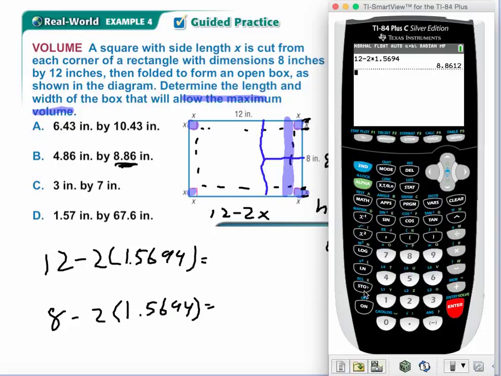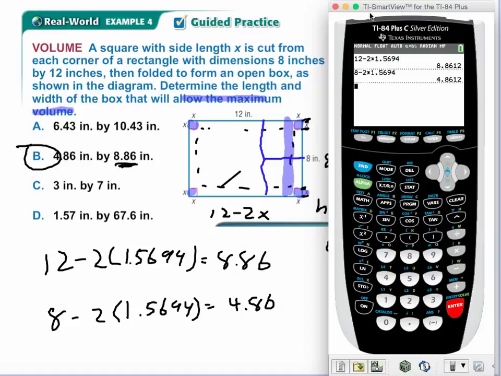So just to check, let's do the other side. 8 minus 2 times 1.5694, and that equals 4.86. I forgot to write this one in. 8.86. So your answer is B.